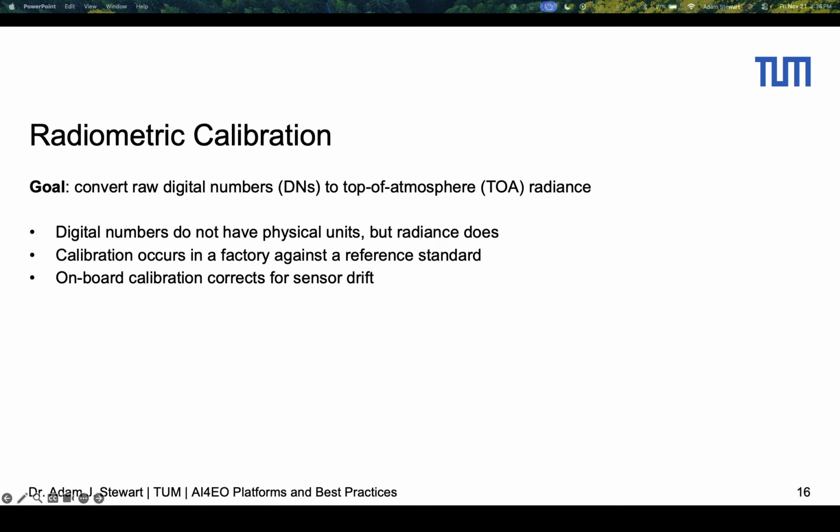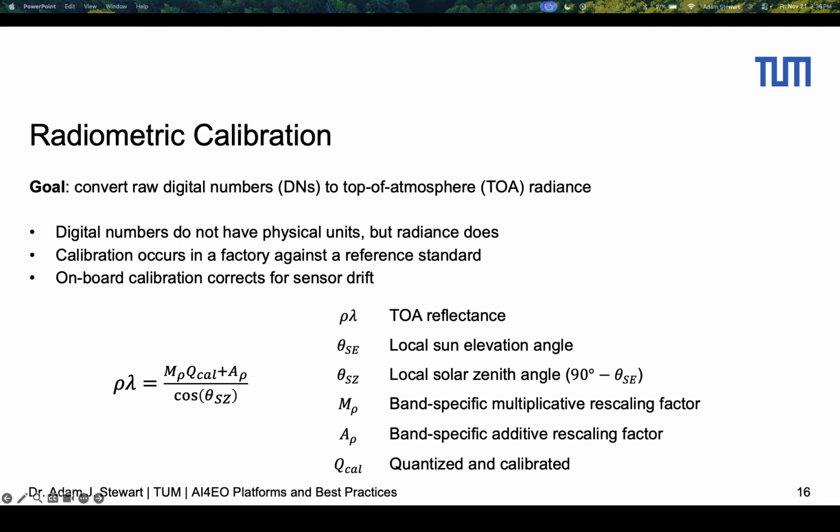We want to have some sort of physical units to calibrate our sensors so that regardless of how old the camera is or how long the shutter is open for, it still has the same meaning. So these values shouldn't change over time. There's a relatively complicated formula for this. You don't need to memorize it, again, with any of the math in this course. But these are some of the things that go into calculating this.